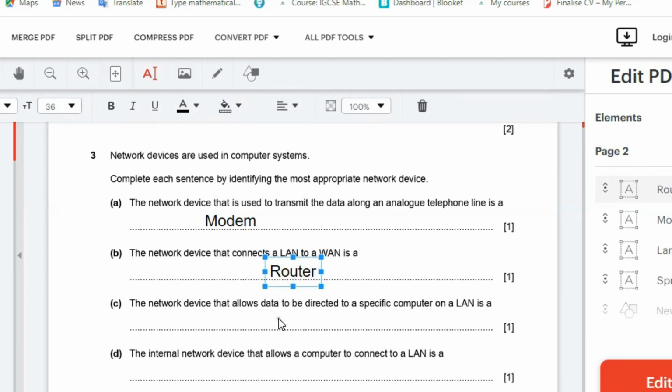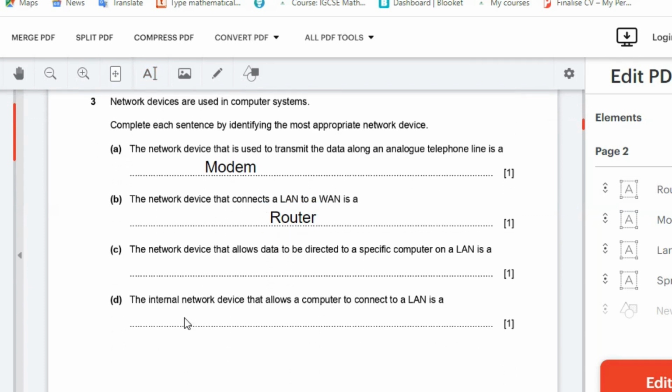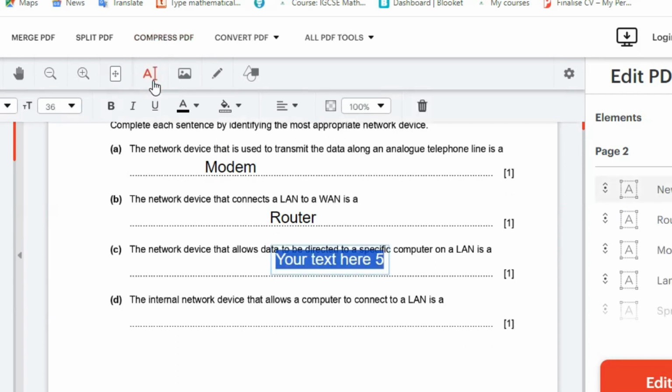Yes, that was the 2023 October-November question. All right. So now, the network device that allows data to be directed to a specific computer on a LAN is a switch. That's the answer.